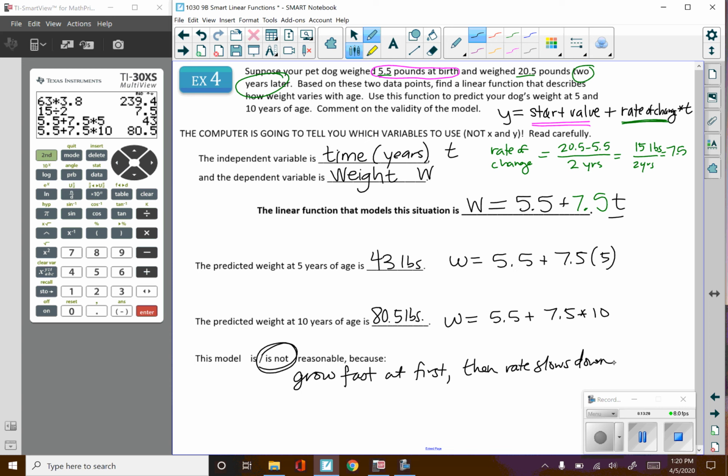Sometimes there's like a growth spurt in adolescence. I don't know if dogs do that or just people. But then growth pretty much levels off to 0 by the time the dog reaches adulthood.